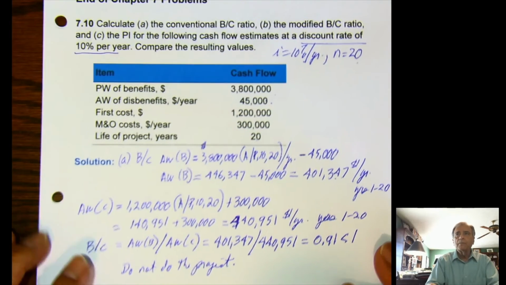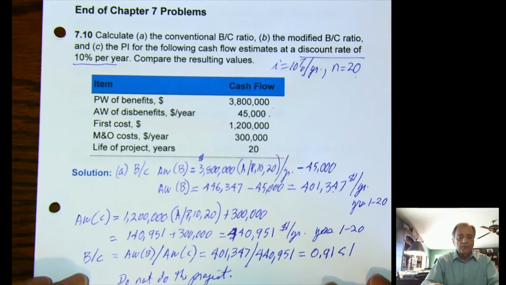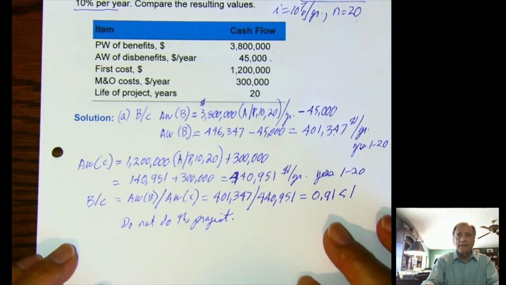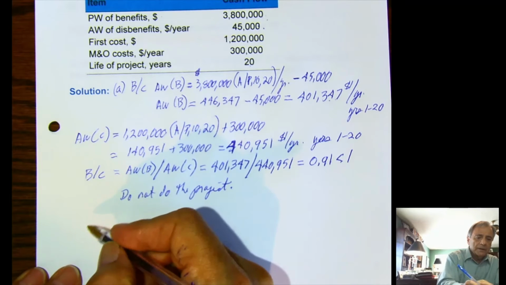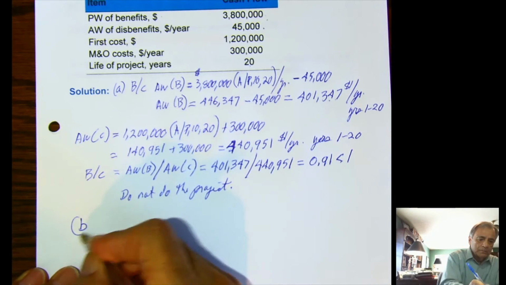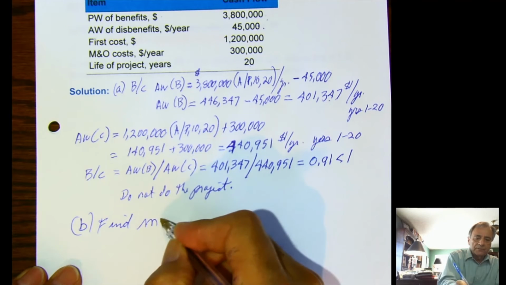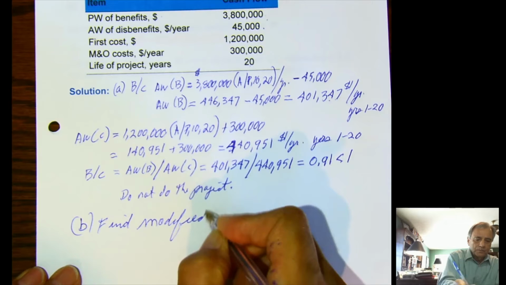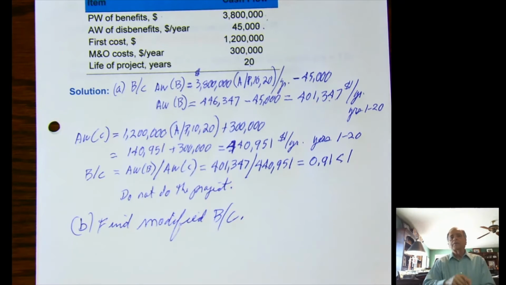Part B is to find the modified BC ratio. Well, recall the modified BC ratio, so this will be part B. Find modified BC. Okay, to do that, the denominator can only contain the initial cost.